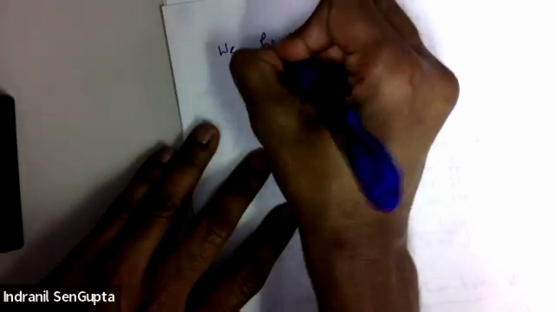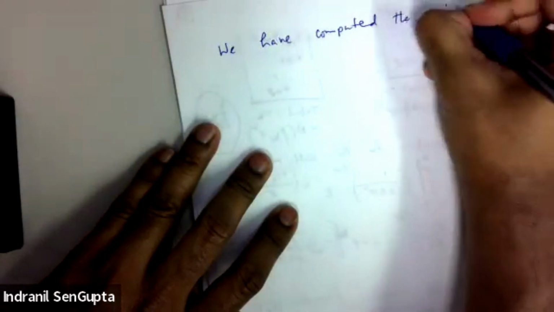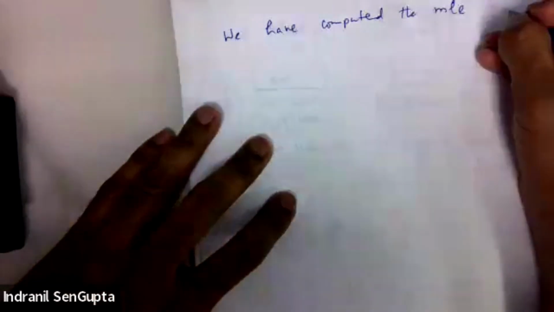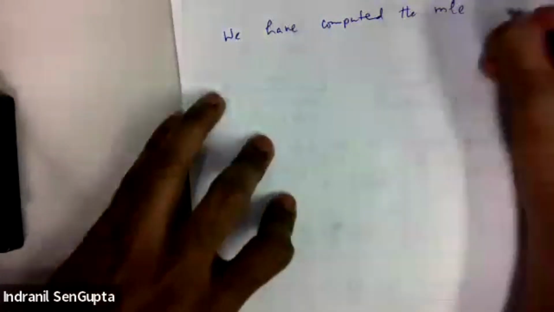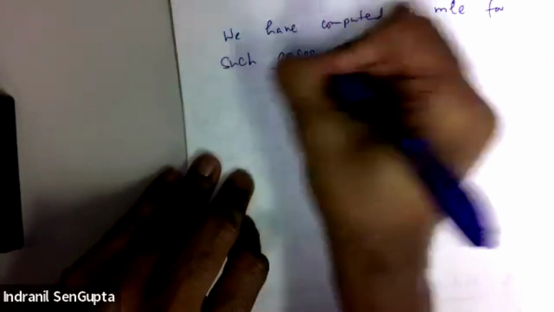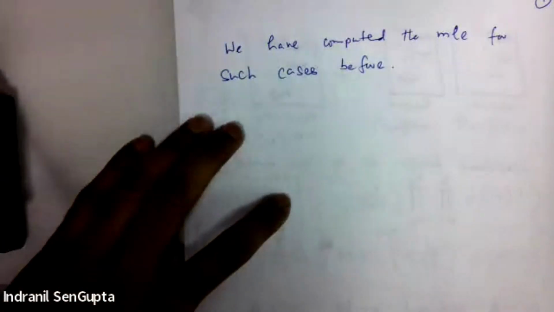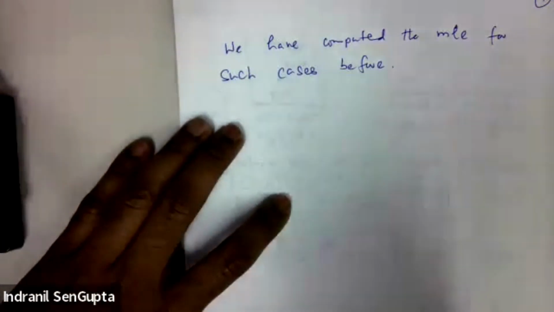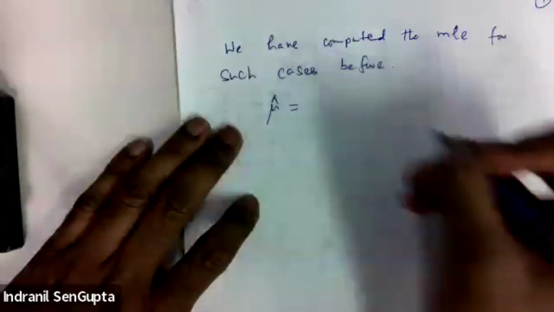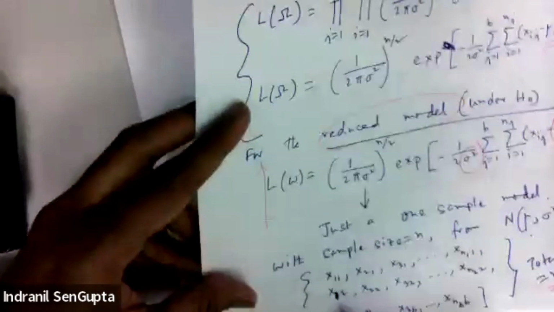We have computed the maximum likelihood estimate for such cases before. It's basically a normal distribution. What we found is that mu hat in this case would be the average of all these values.